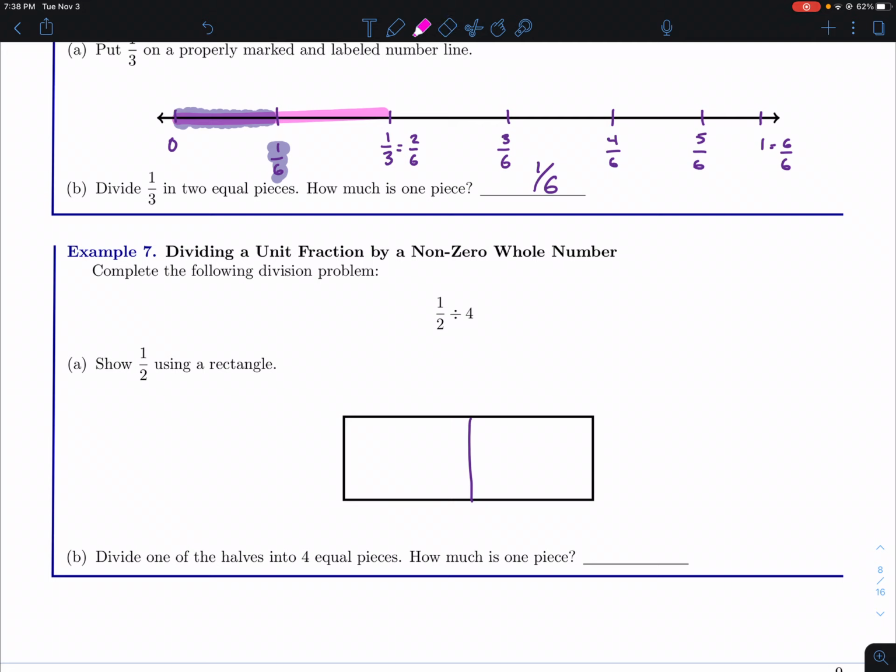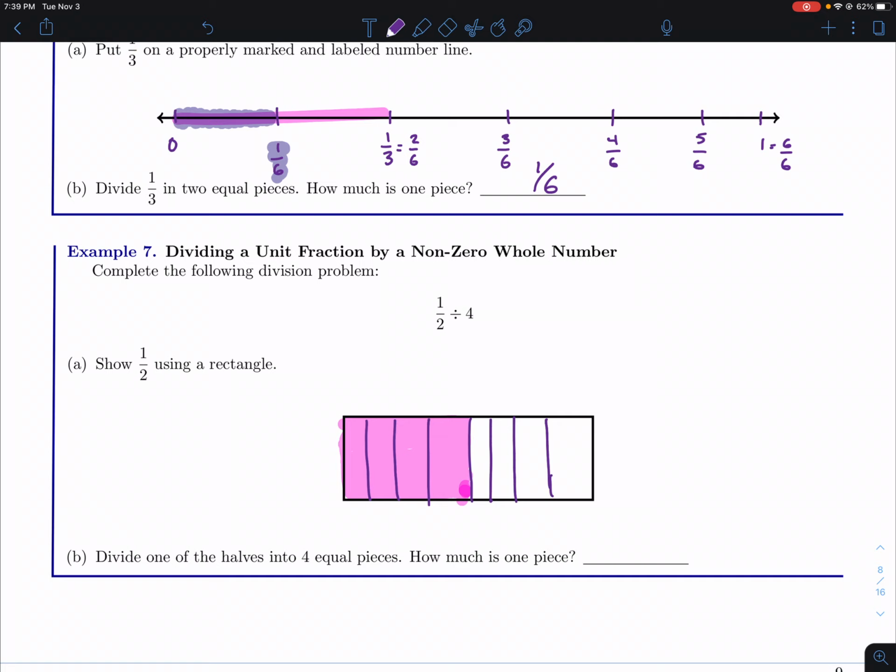Oh, I got to highlight this back in again. So in this case, it says you only have to divide the 1. I tend to like to do the whole rectangle if it's just me, so I want to divide this into 4 chunks, and technically I would divide that into 4 chunks too.